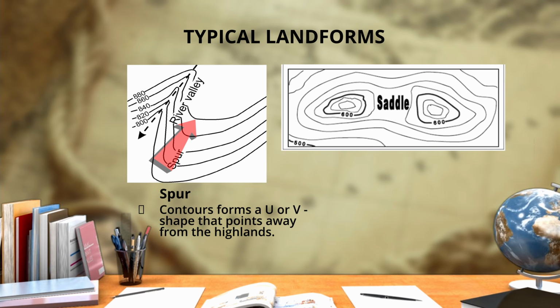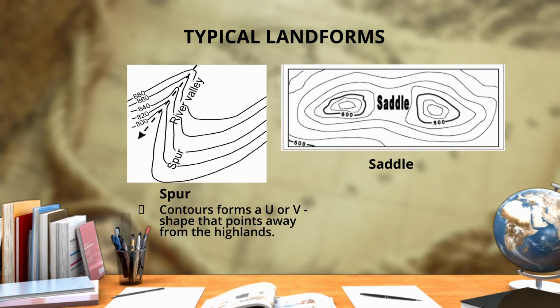So when the smaller numbers are inside the V shape, that is our valley, and when the bigger numbers are inside the V, that is the spur. So look at this diagram carefully. It is a perfect example of a valley and a spur.